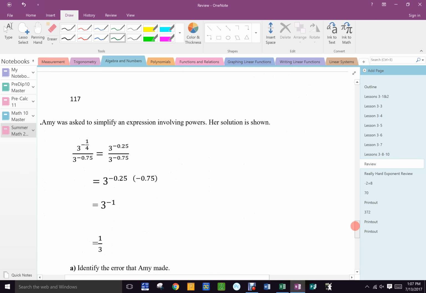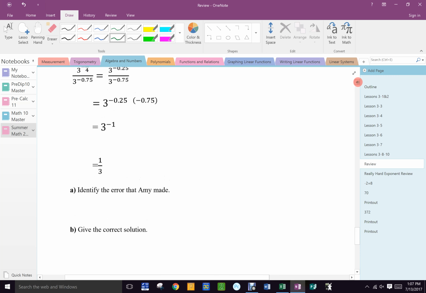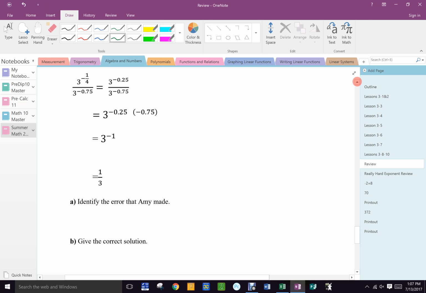And the last page. Where'd she go wrong for 1 mark? Right here. What's negative 25 minus 0.75? Positive 0.5. There's her mistake.